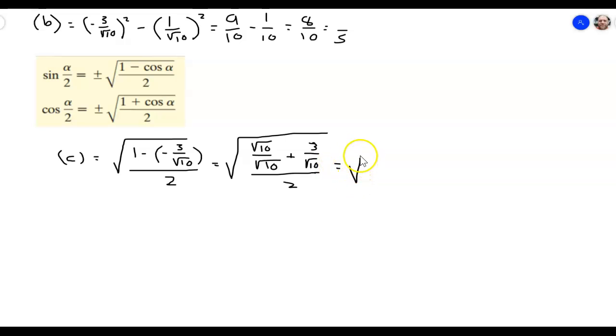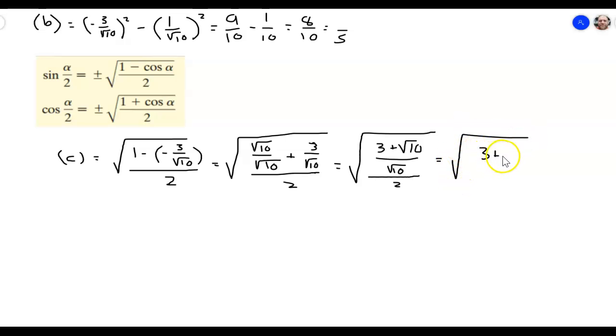This becomes the square root of 3 plus root 10 all over root 10, all over 2. Then if we multiply by the reciprocal of the denominator, so multiply by 1/2, this becomes 3 plus root 10 all over 2 root 10. And that would be your final answer right there.